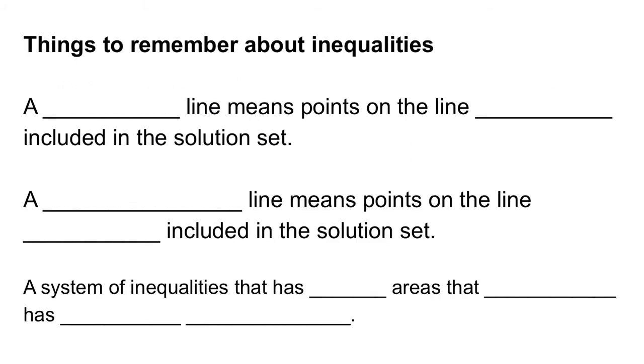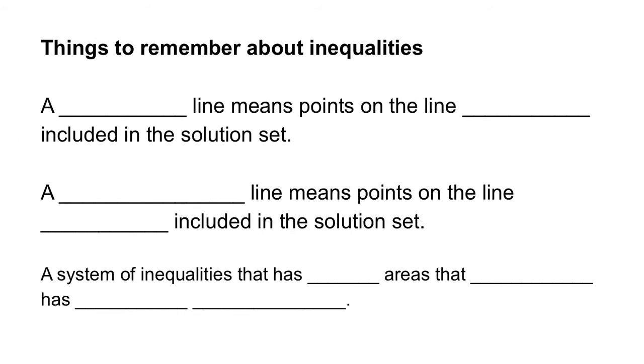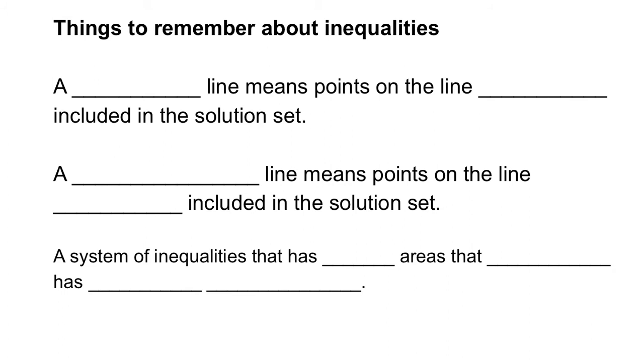All right, so let's look at things that we want to remember about inequalities. And this kind of references back to the work we did with single inequalities. But things to think about: a dashed line means points on the line are not included in the solution set.